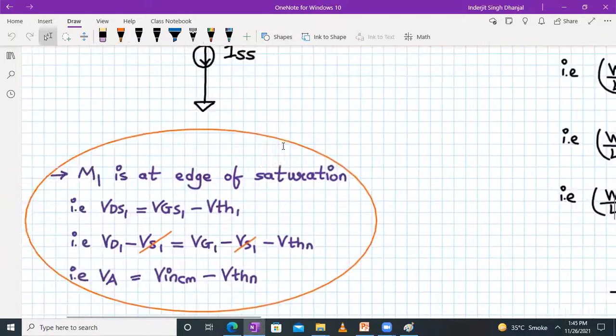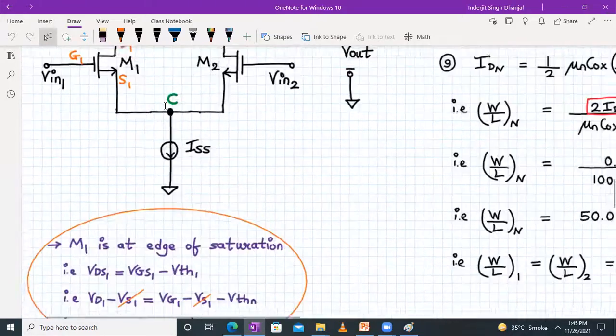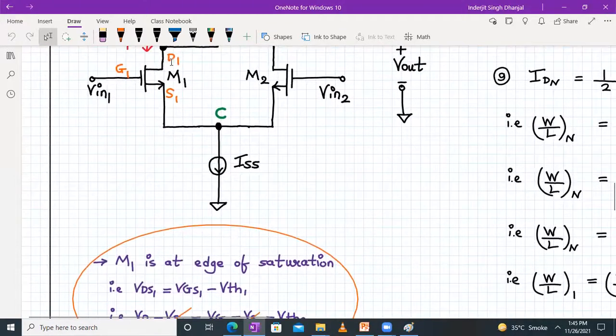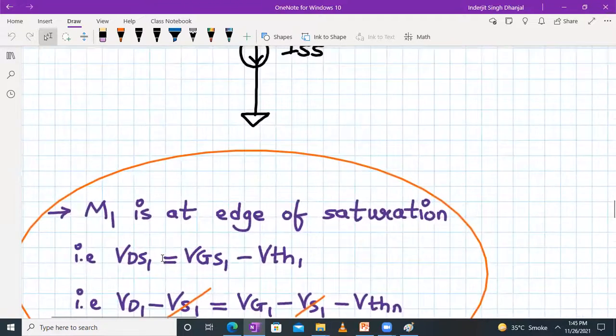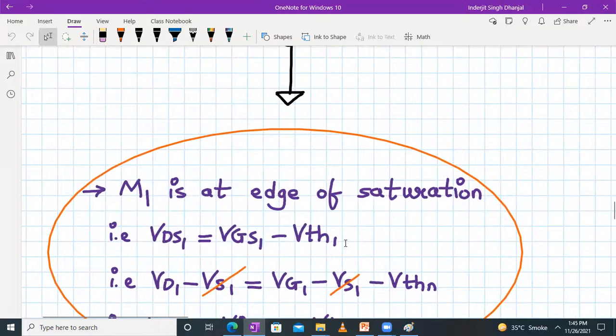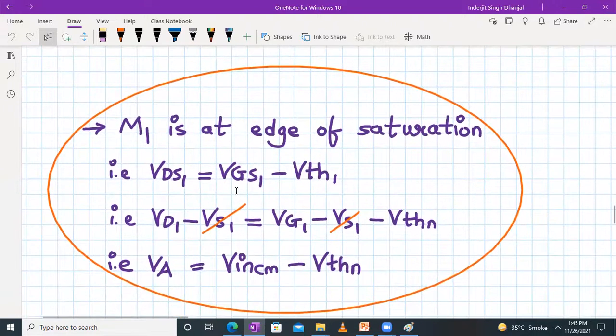Okay. Next, we have been given the information that M1 is at the edge of saturation. And during that time, my input common mode level is 1 volt. If you look into the diagram over here, if M1 is at the edge of saturation, we can write VDS1 is equal to VGS1 minus VTH1. Now VTH1 we can write as VTHN. VDS1 can be written as VD1 minus VS1, and VGS1 can be written as VG1 minus VS1, right?